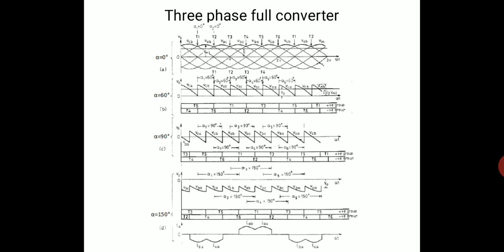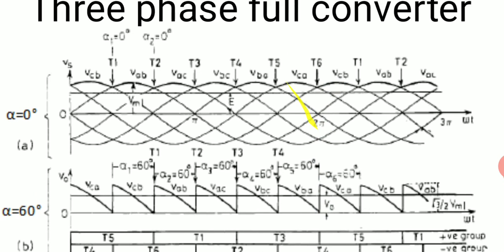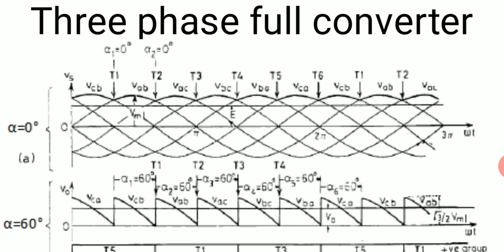Now, if we analyze our three phase converter, the analysis can be done either by three phase voltages or line voltages. Here, the analysis becomes simpler if we follow the line voltages rather than phase voltages.